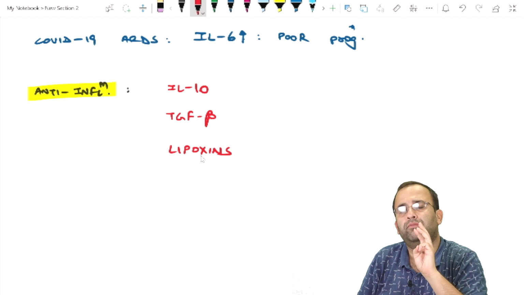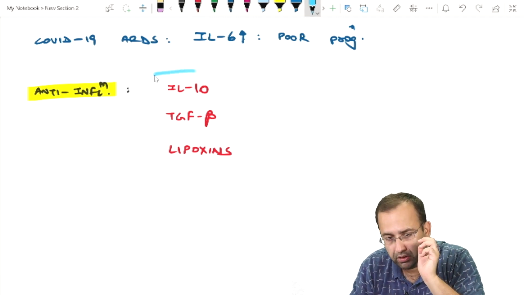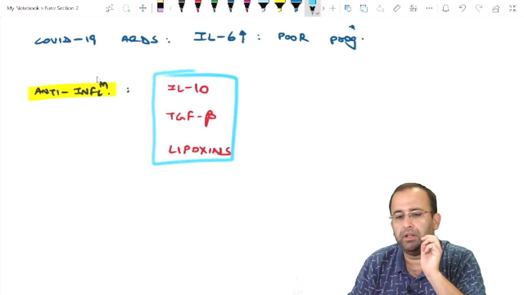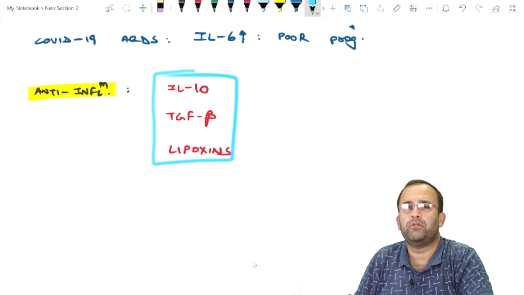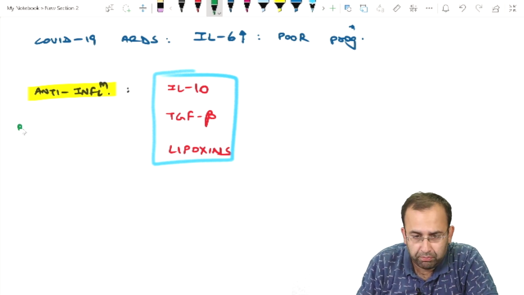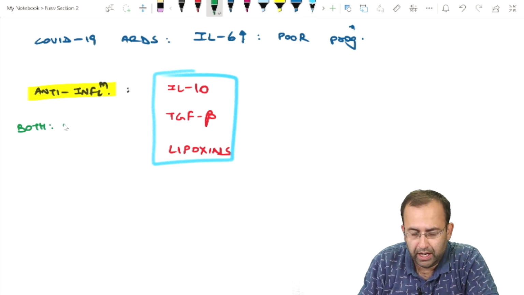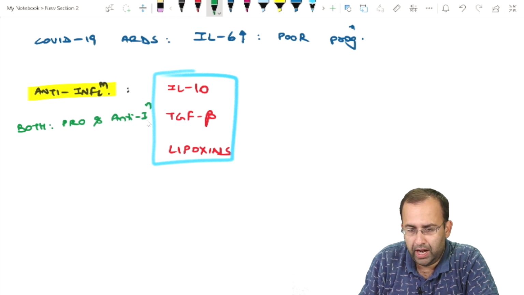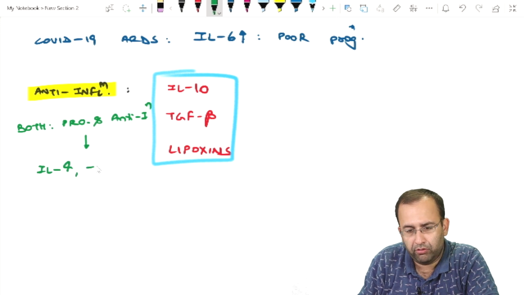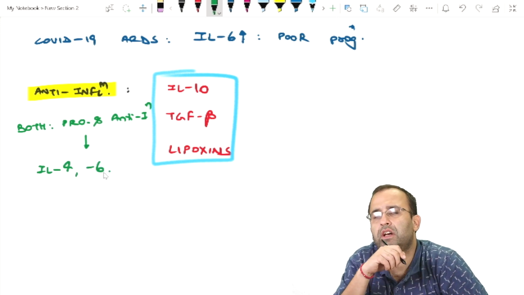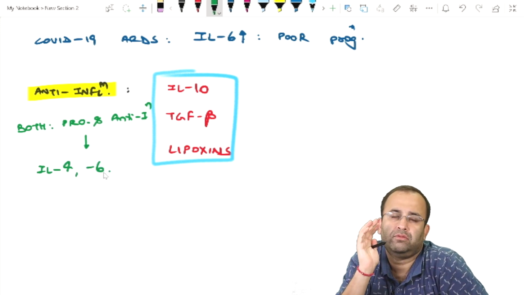Again important, repeatedly asked. Whereas those which have both pro and anti-inflammatory roles are interleukin 4 and interleukin 6.